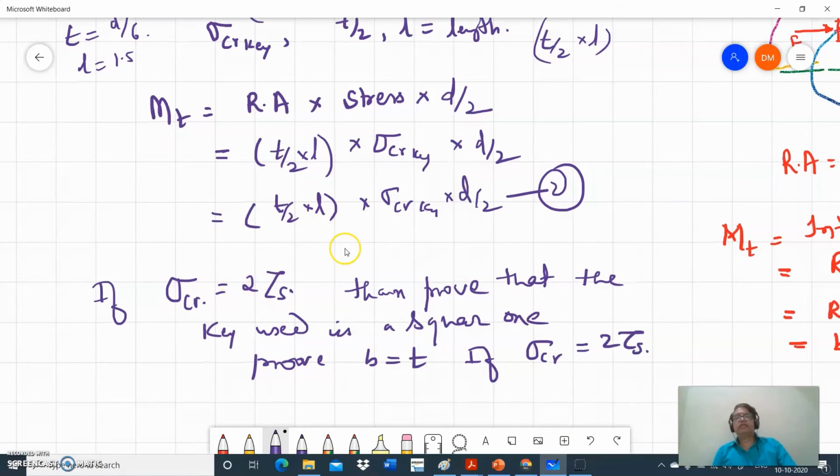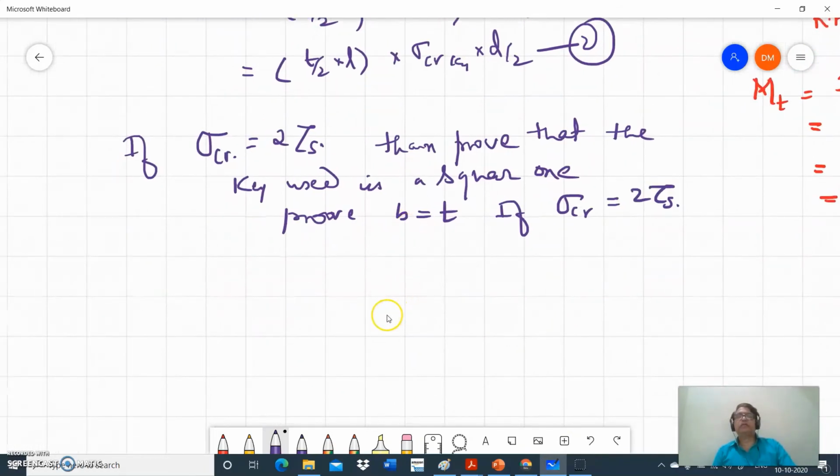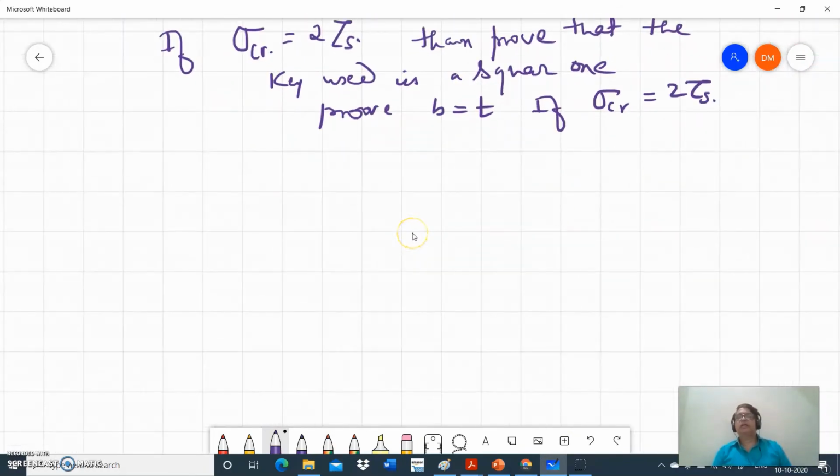So in such cases, the proof for this is: we know the torque equation for shear. B is the width of the key, T is the thickness, and L is the length of the key. Tau S is the allowable shear stress for the key, and sigma CR is the allowable crushing stress of the key.